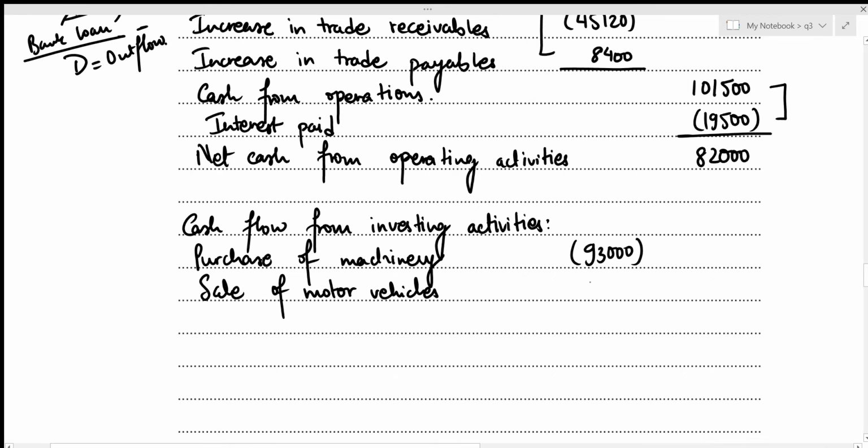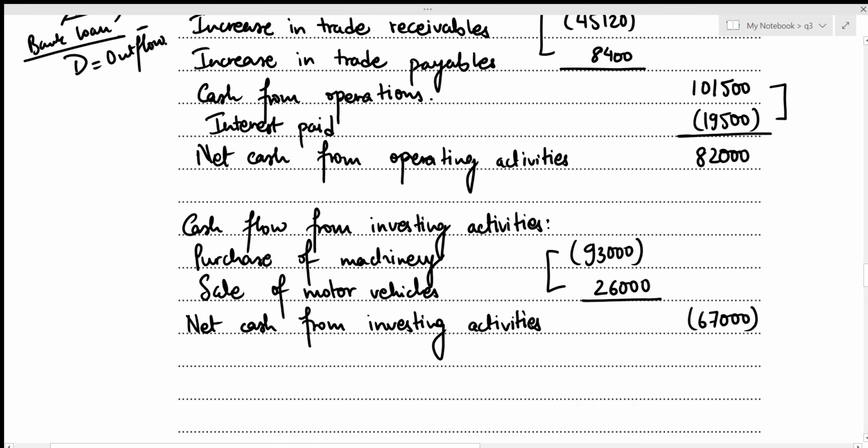Which amounted to 26,000. And this concludes our investing activities section, which means that we can now figure out the net cash from investing activities. And this is the sum of these two values, minus 93,000 plus 26,000, which results in the negative value of 67,000.